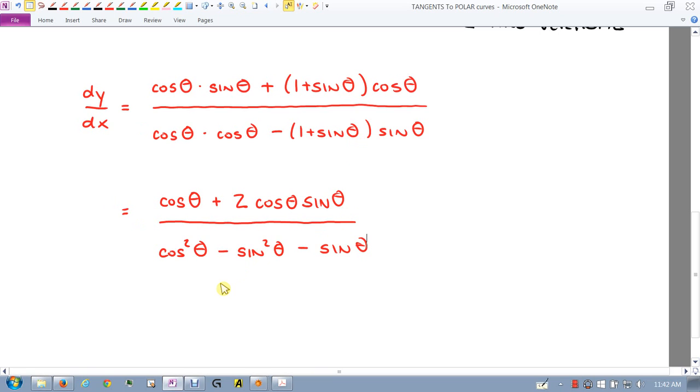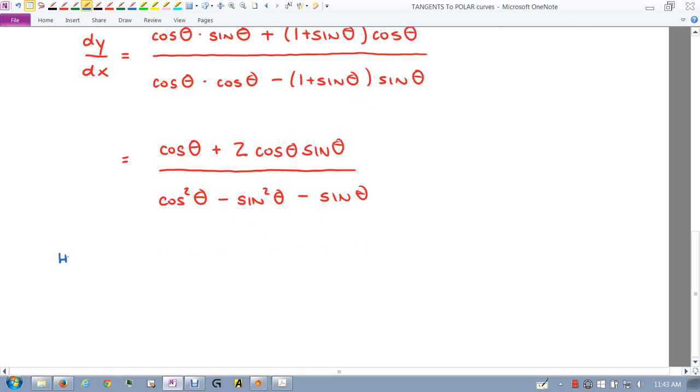Where's the tangent horizontal? That's where the top is 0, right? So you set cosine theta plus 2 cosine theta sine theta equal to 0. You can factor out a cosine.